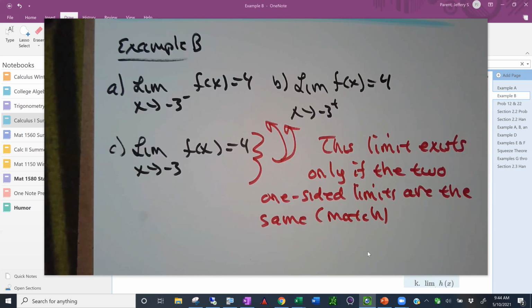Are we okay with that? That's an important part here, so I don't mind pausing for a second if you have some follow-up on that. How do you know it does not exist when it approaches from, I think you said the right? Good question. It doesn't exist if the limit from the left and the limit from the right are different.